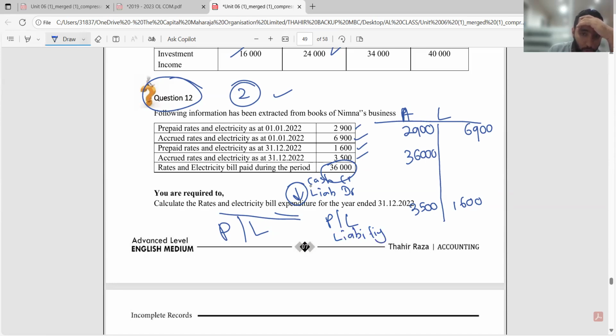Okay. So now how to find this part? Liability credit. How to find this part? Very simple. 36,000, you add 2,900, 38,900, and then you add 3,500, which will give you how much? 42,400.